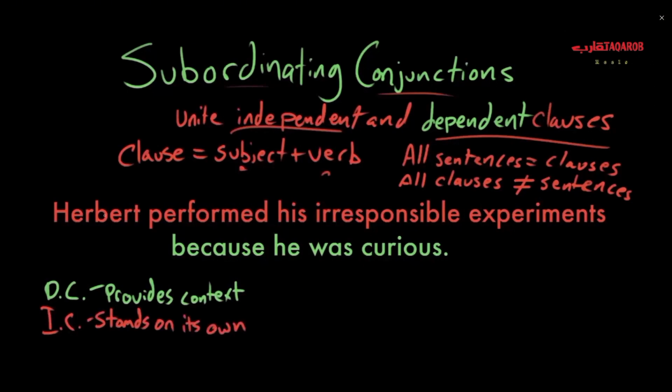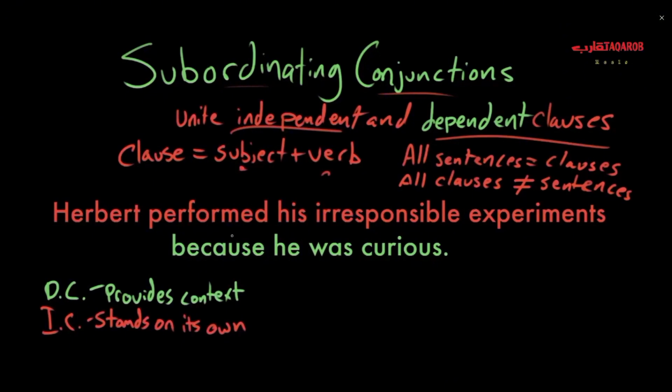So let's take a look at this sentence here. Herbert performed his irresponsible experiments because he was curious. This sentence is composed of two clauses. In red, we've got this independent clause: Herbert performed his irresponsible experiments. And in green, we have this dependent clause: because he was curious. We know that because he was curious is the dependent clause because it explains more of why Herbert did what he did.